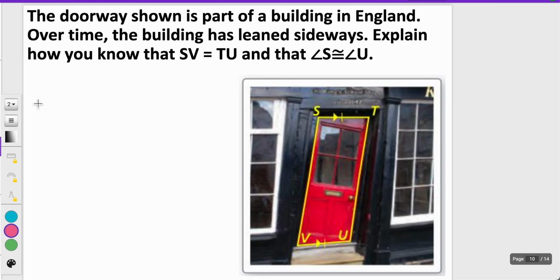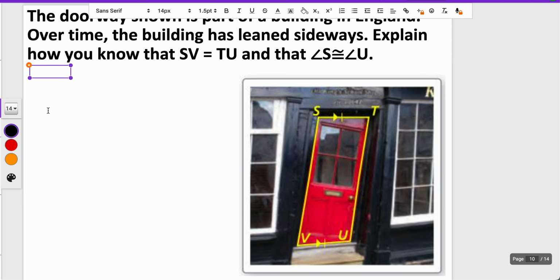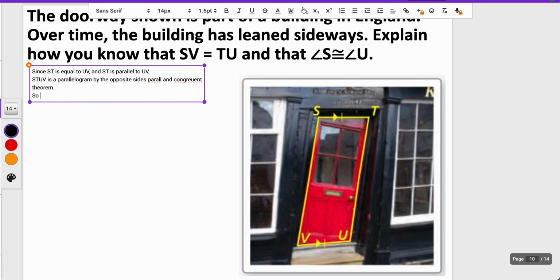Explain how you know that SV is equal to TU and that the angle S is congruent to angle U. So the first thing we can state is since ST is equal to UV and ST is parallel to UV, STUV is a parallelogram by the opposite sides parallel and congruent theorem.